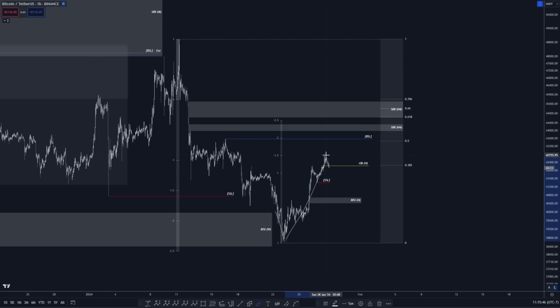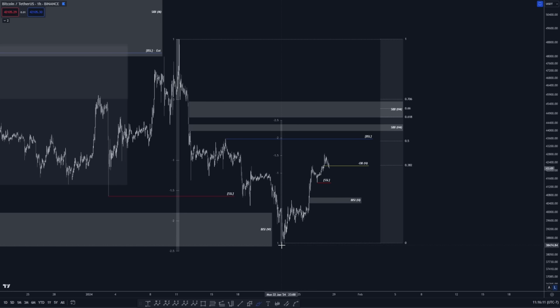This structure right here looks very impulsive, and it's got a clear 5-wave swing. 1, 2, 3, 4, 5. What this signals to me is that this low is protected as of right now. If this was a 3-wave move, there was potential for attacking this low one more time if this was a flat.